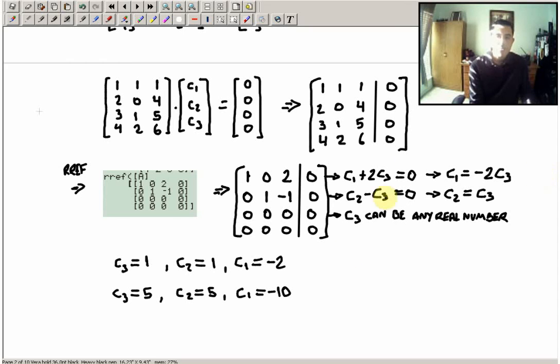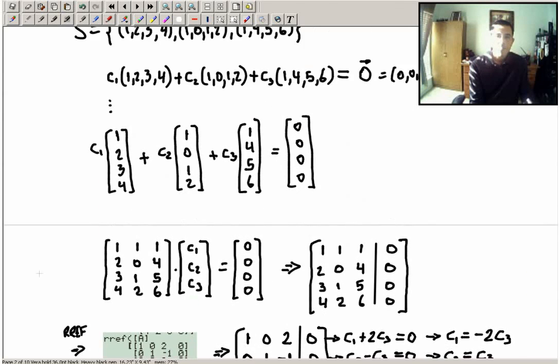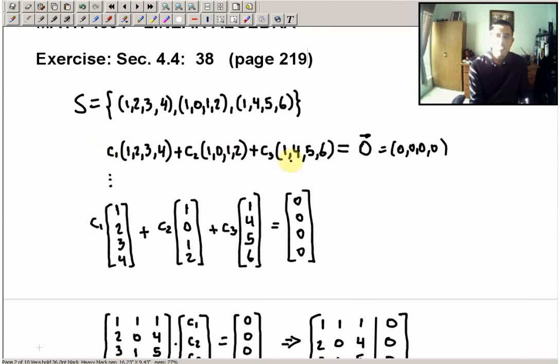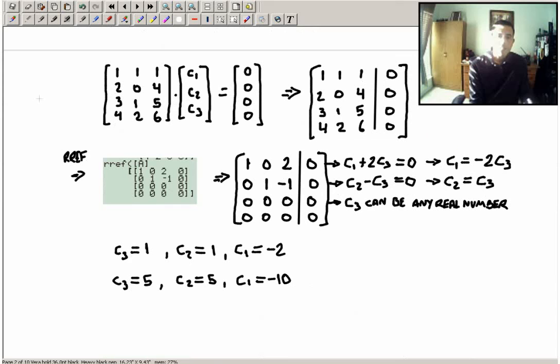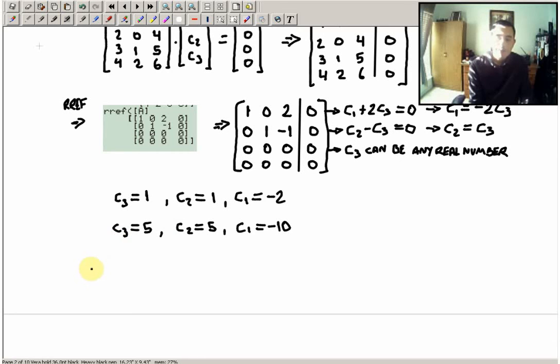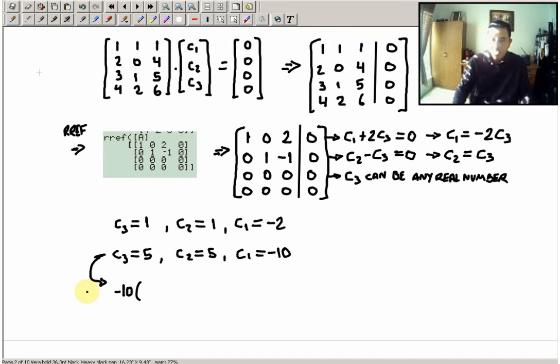What is the big picture here? Remember, we were trying to find these C's, and if the solution were a trivial solution, then these vectors would be linearly independent. But it's not the trivial solution, and you can see some of them are not 0. This one is not 0. So we can write one as a linear combination of the others.